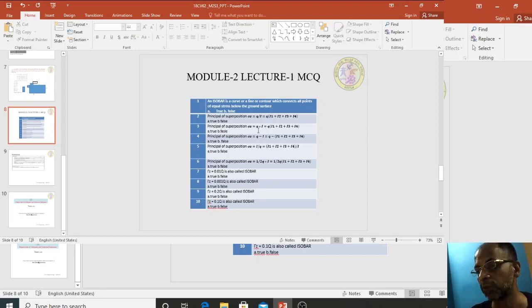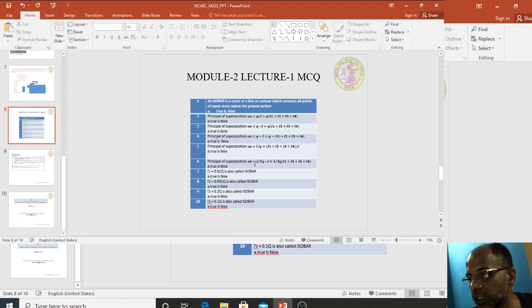The principle of superposition, sigma Z is Q into I. This is question number 2 and is false. Q into I, so IB1 plus IB2 plus I3, this is also false. The fourth one, principle of superposition sigma Z is Q minus I, this is also false. Next question, principle of superposition sigma Z is Q by I by Q, this statement is false.